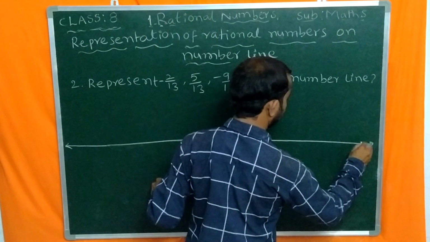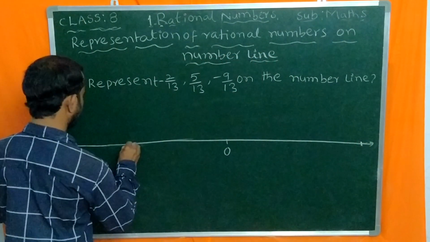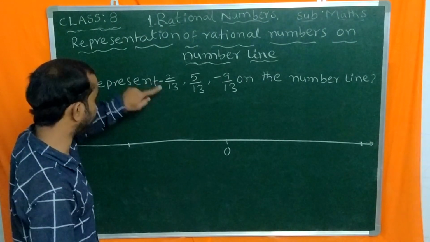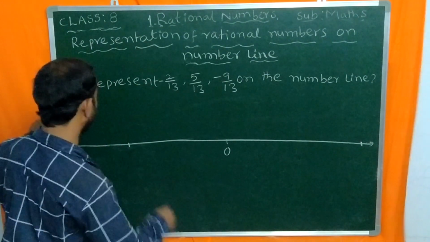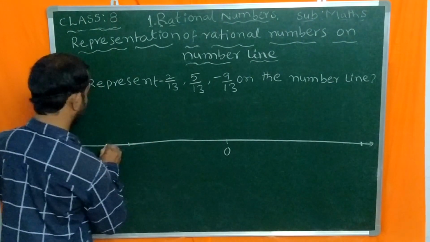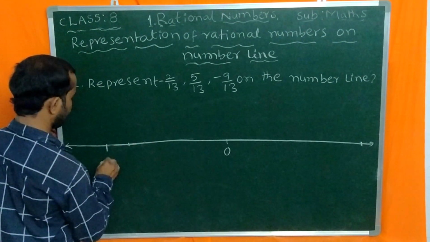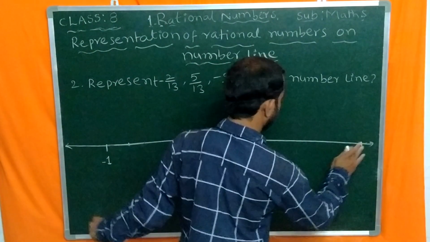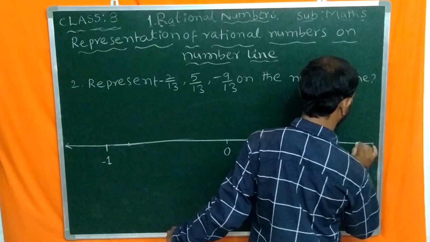Each and every unit is divided into 13 equal parts. Here minus 1, here plus 1.